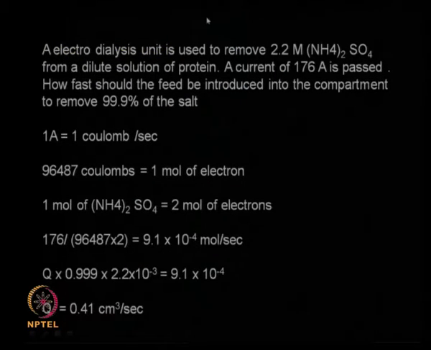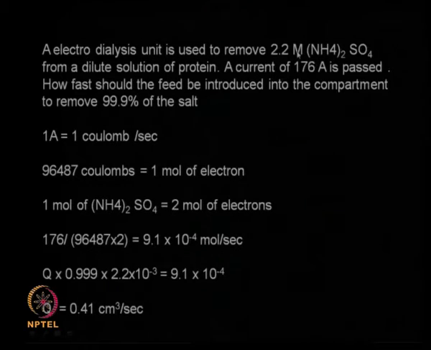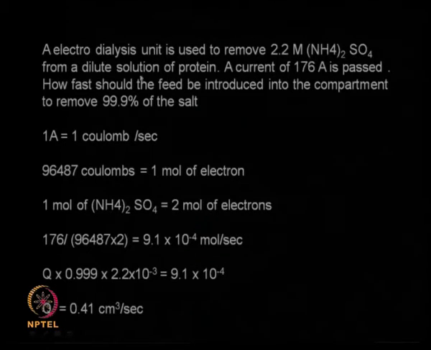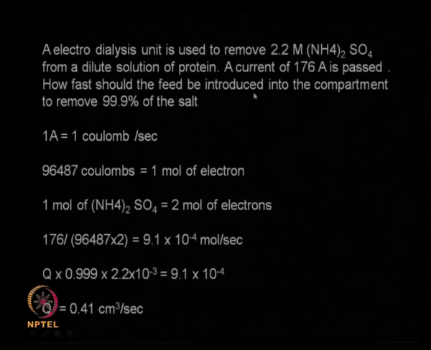Now based on this equation, let us look at a problem. I have an electrodialysis unit. This is used to remove 2.2 moles of ammonium sulphate from a dilute solution of protein. So you are passing a current of 176 ampere. How fast should the feed be introduced into the compartment to remove 99.9% of the salt?